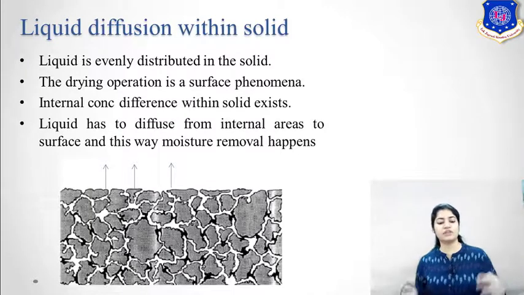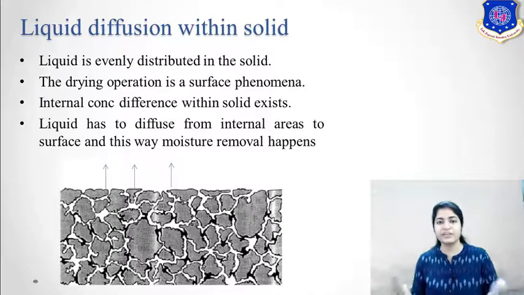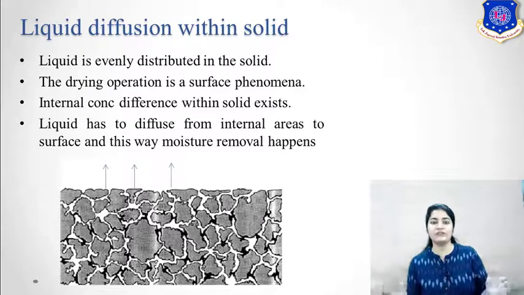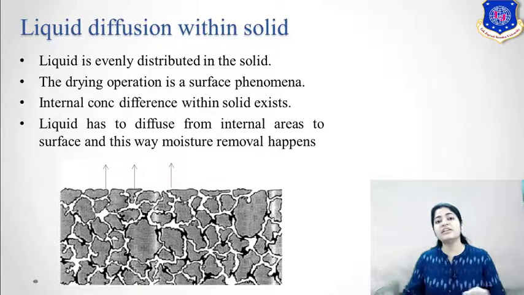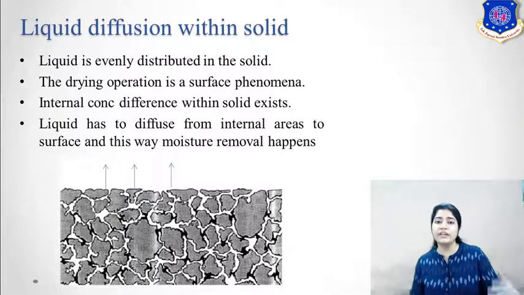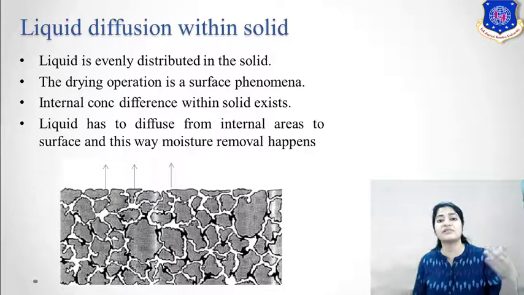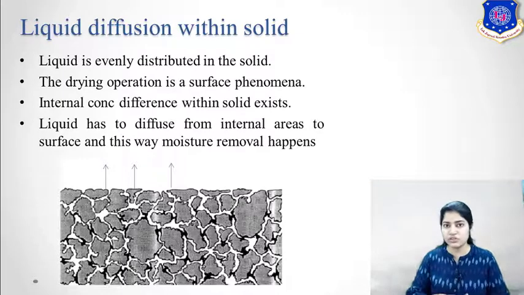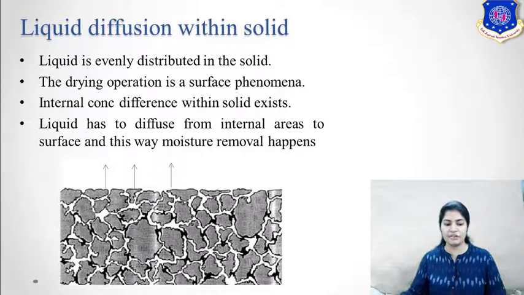First of all, what we need to know is that when you are taking your wet solid, for example wet sand, and keeping it over your tray, the liquid is evenly distributed in your solid, because it is wet. Now when you are carrying out your drying, first of all you need to know that drying is a surface phenomenon, because the moisture is removed from the surface into your dry air.